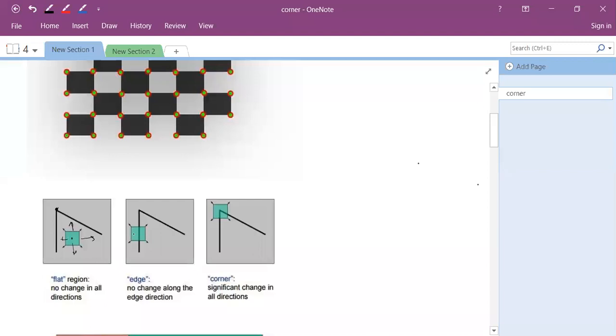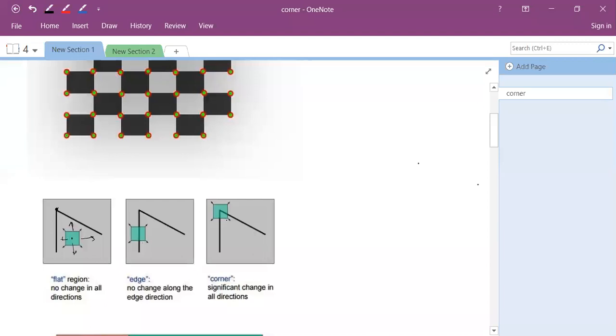Both directions means because there are two types of derivative, na? X derivative and the y derivative. So both of the derivatives and the corresponding x and y value has to be changed. In this case, my y value is getting changed, but my x value is residing the same. That's why it is an edge, with no change along the edge direction, and there is no corner.